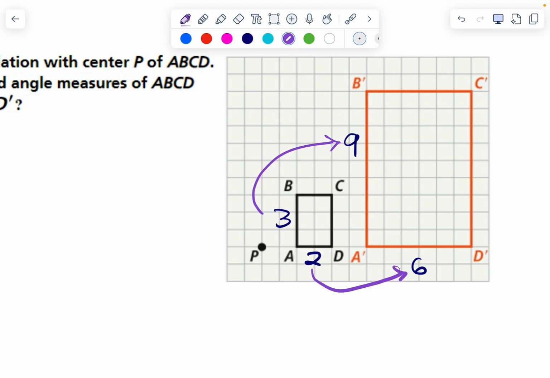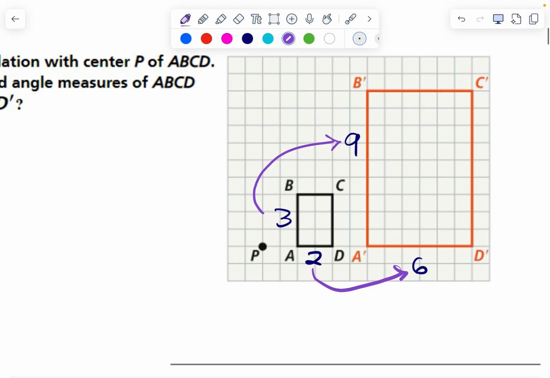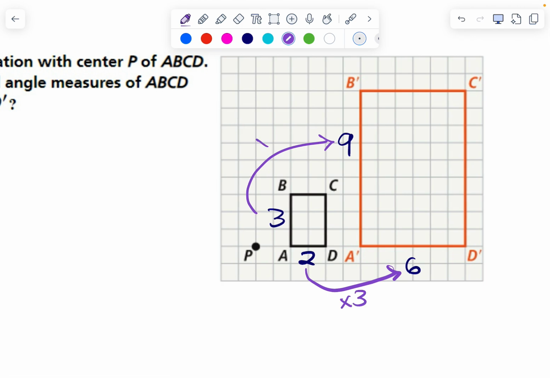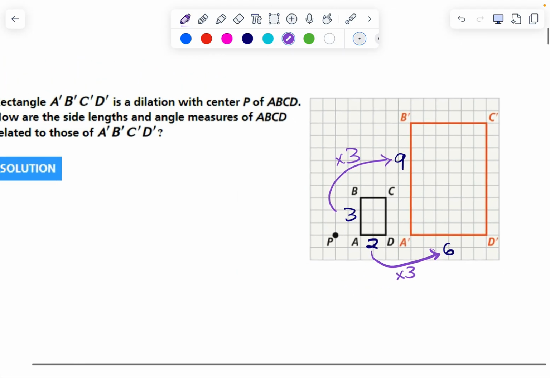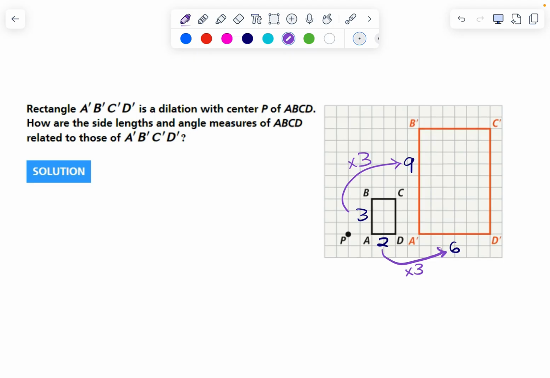And the number that we multiply by to create that new figure is called the scale factor. In this case, what is it? Times 3. Okay? So in this case, the new figure, what we call the... Do you see these little tick marks up here? The dilated figure, it's got a scale factor of 3.